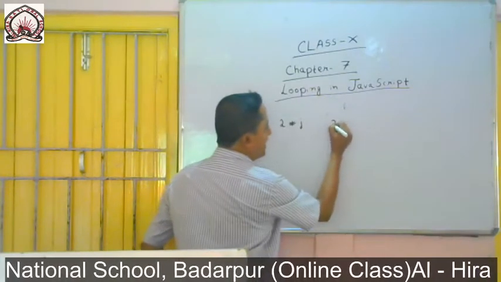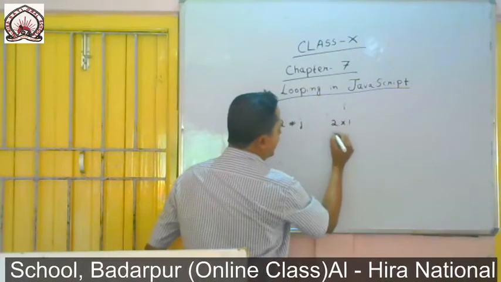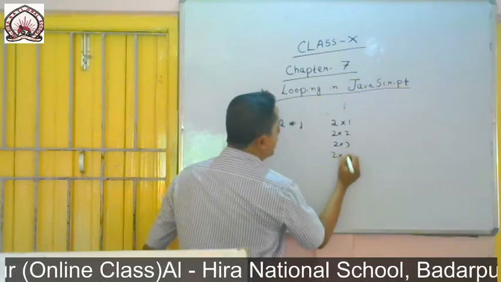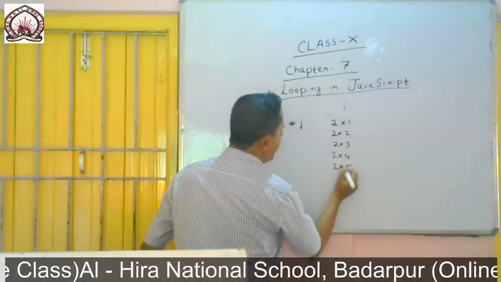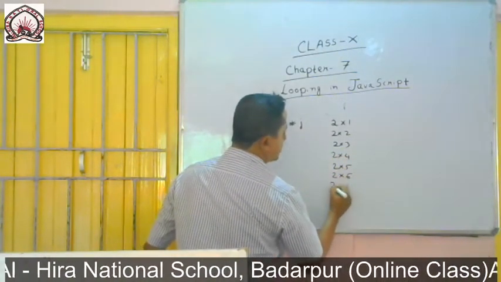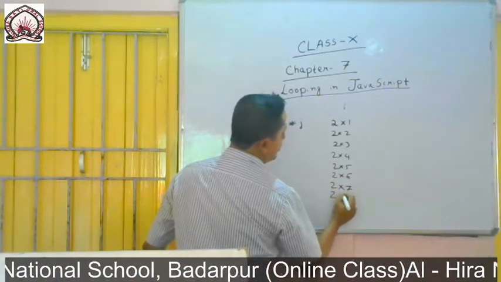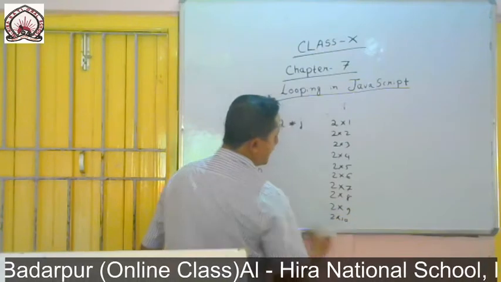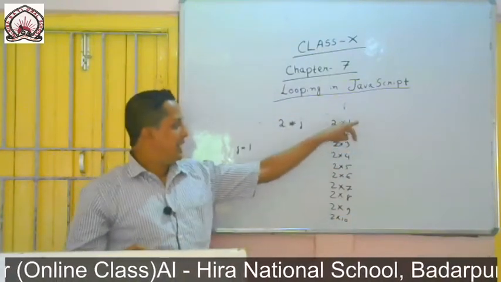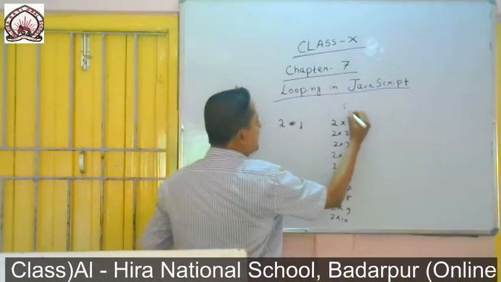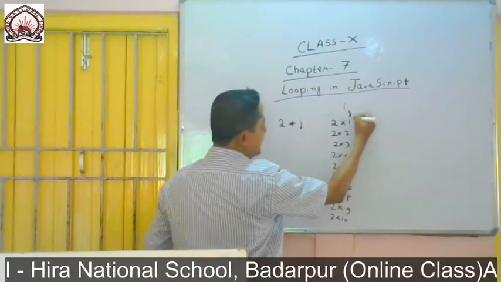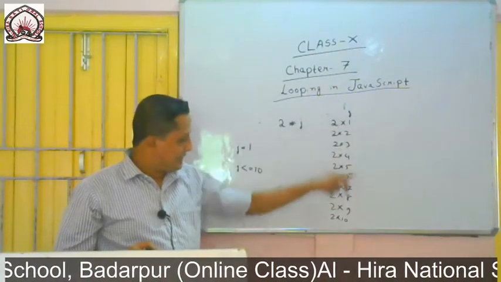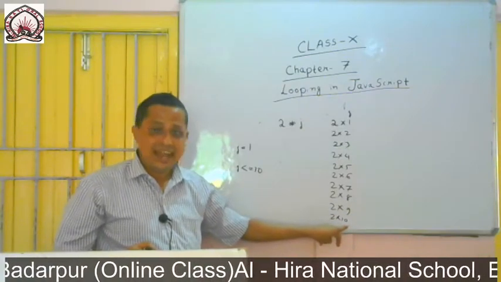If you are not clear, I am showing it another time: 2 into 2, 2 into 3, 2 into 4, 2 into 5, 2 into 6, 2 into 7, 2 into 8, 2 into 9, 2 into 10. See here, if this is 2 and this part is j, then j starts at 2 and j ends at 10.